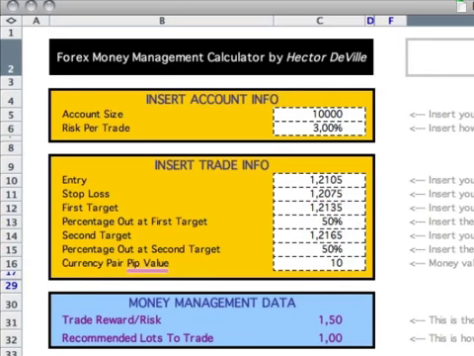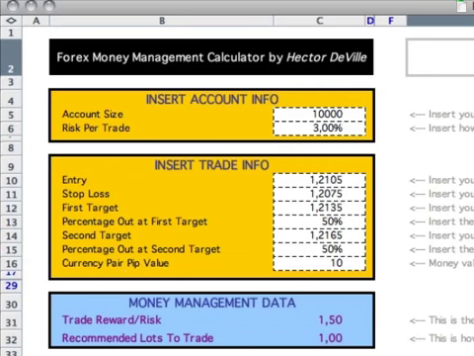As you probably know, every different currency pair has a different pip value. For example, the euro against the American dollar and also the sterling pound against the American dollar are worth $10 per standard lot. Each pip movement for one standard lot is worth $10.